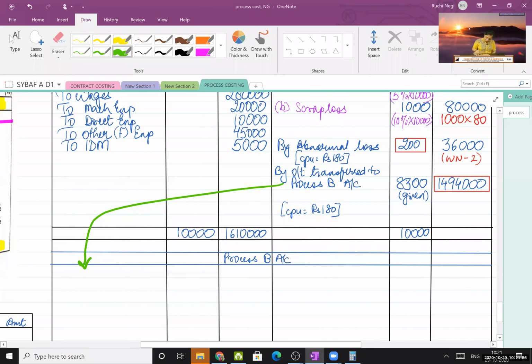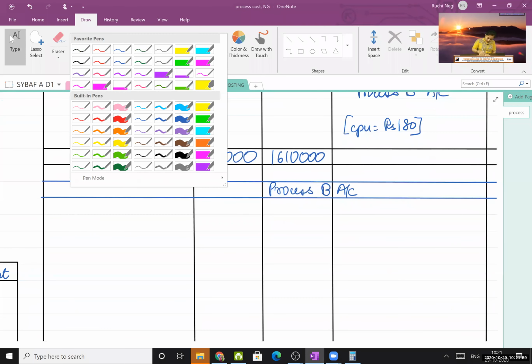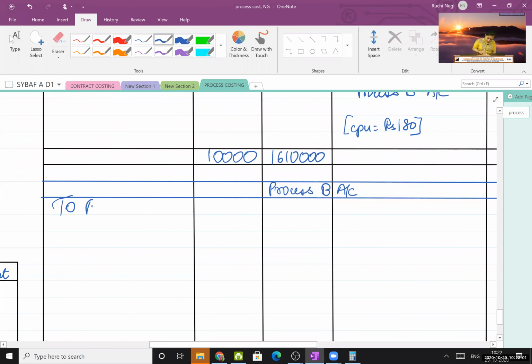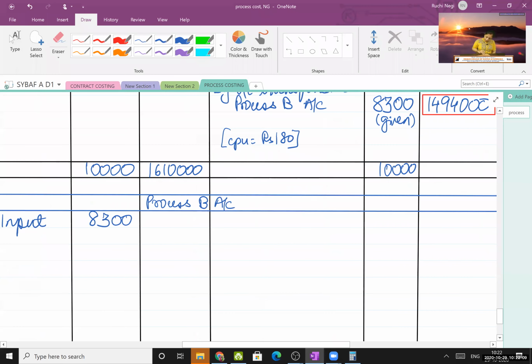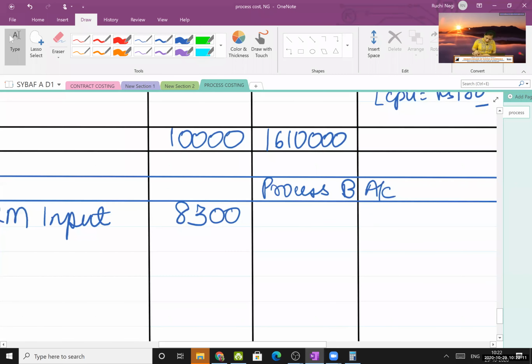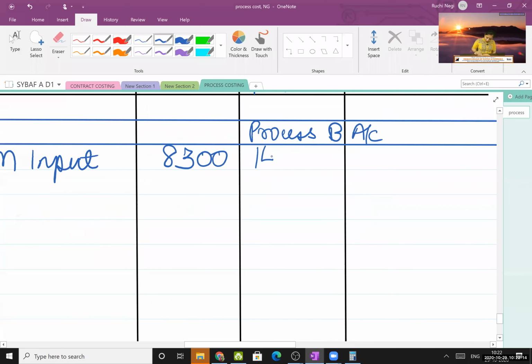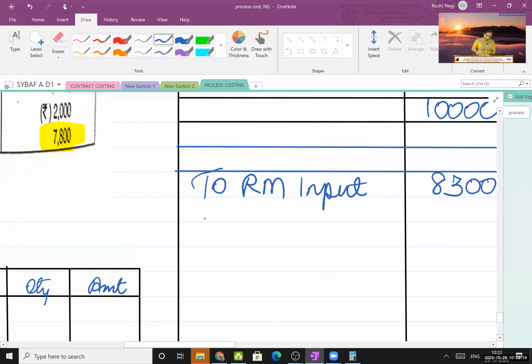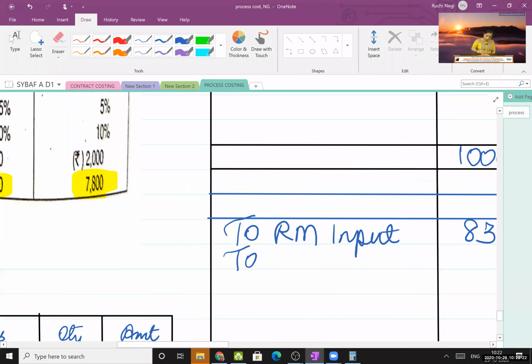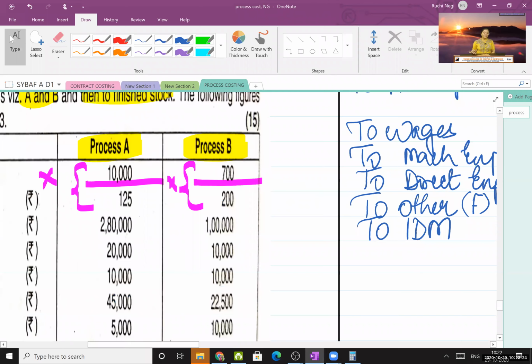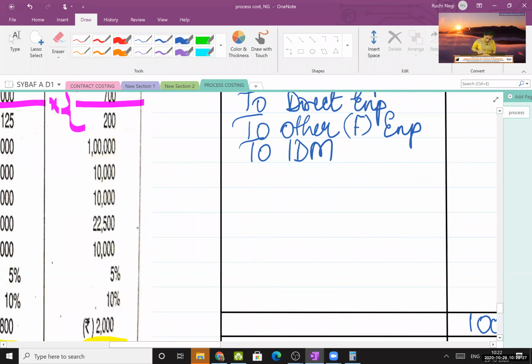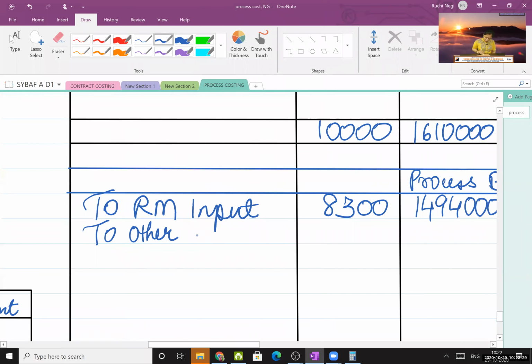ठीक है, तो लिखो इधर to raw material input 8,300 and next 1,494. ठीक है, and there is one more raw material which is introduced in the process, ये वाला 700 and 200. ठीक है, तो लिखो इधर to other raw material input. दो raw material है, समझ में आया ना?